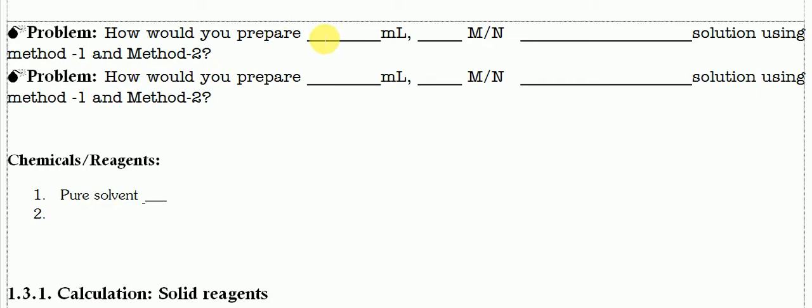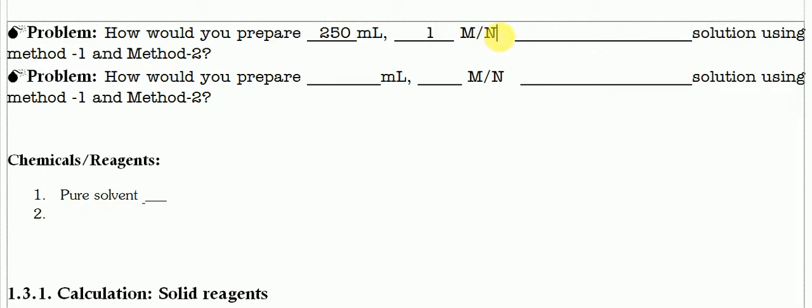Suppose you are asked to prepare 250 ml 1 molar sodium hydroxide solution, then how would you write this in the question? You have to write 250 in this section, ml, and the question was, how would we prepare 250 ml 1 molar, and you have to write 1.